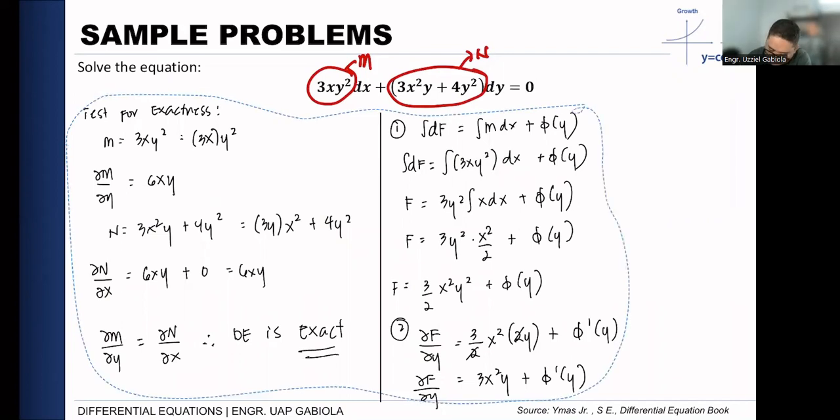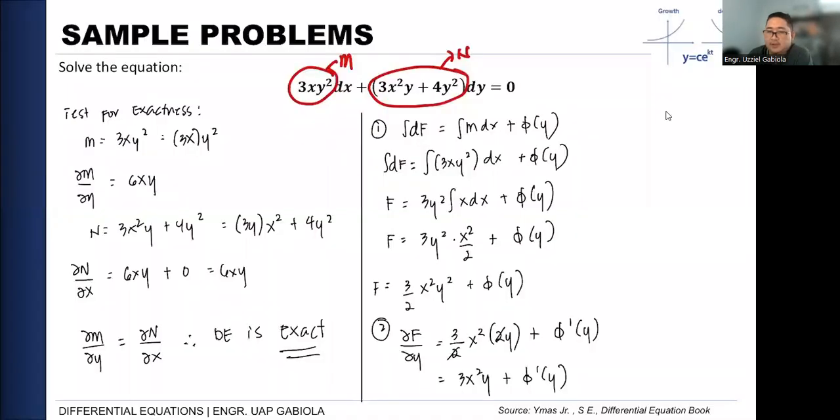Yes, correct, no? So, okay, so yung next step natin is to equate the function dun sa ating n, no? So, let me reduce lang yung size nito, para magkasya.